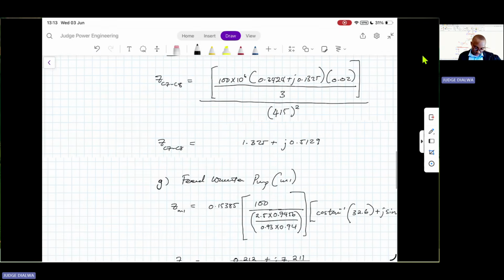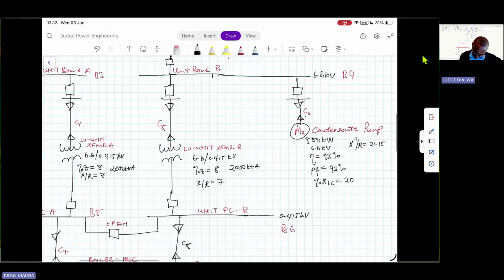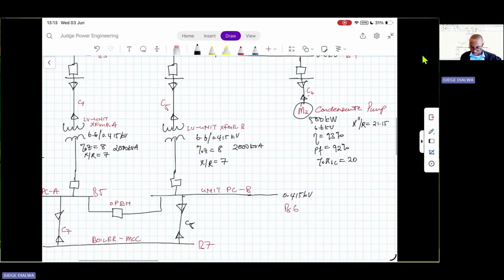And next, we will move on to our last equipment, and these are equal.